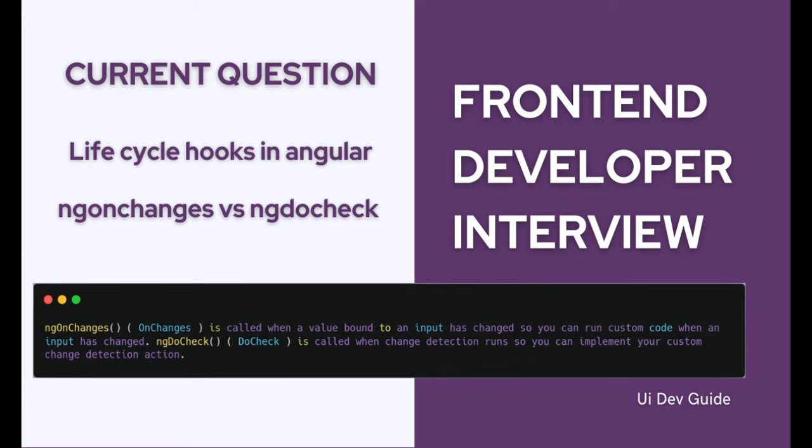ngOnChanges hits with every change it has detected in your application. After ngOnChanges comes ngOnInit, and after ngOnInit, ngDoCheck runs. ngDoCheck gets executed every time you make any change in your application, and any change gets detected by ngDoCheck. ngOnChanges gets executed if you change something in your input or output operator.